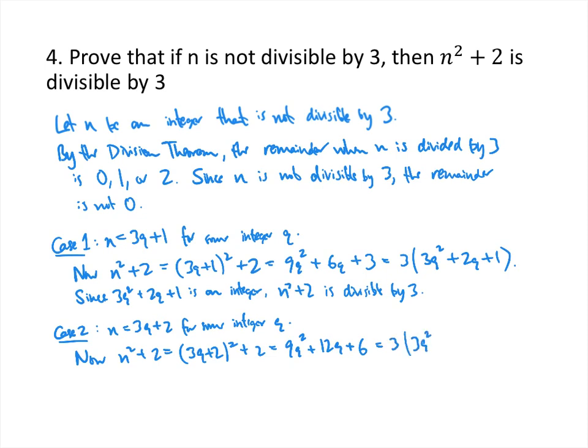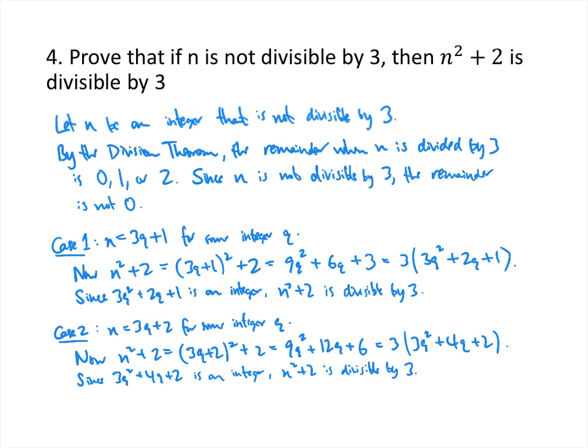We get 3q squared plus 4q plus 2. And since that's an integer, n squared plus 2 is divisible by 3.